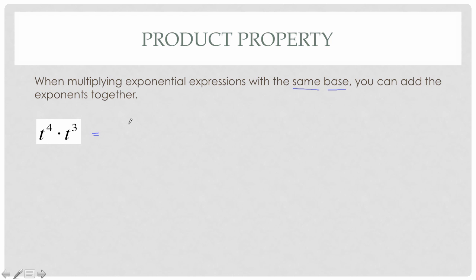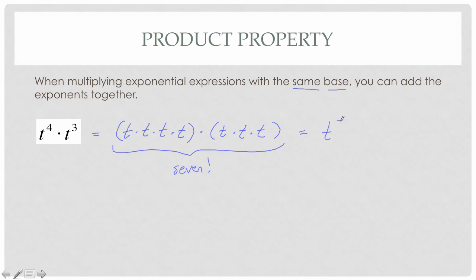Well, that's 4 t's, 1, 2, 3, 4, all multiplied together, times 3 more t's, 1, 2, 3. And the result is we see that there are 7 t's all multiplied together. So that just equals t to the 7th power, right?